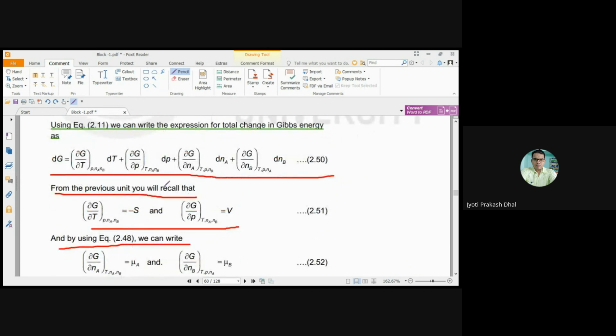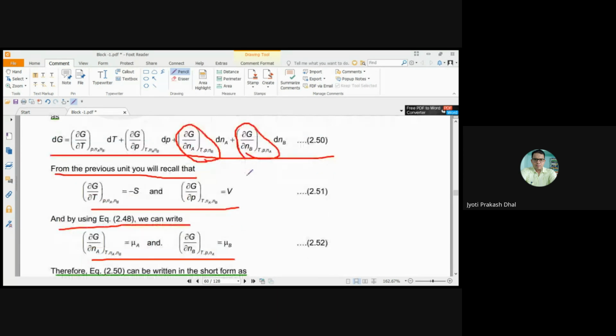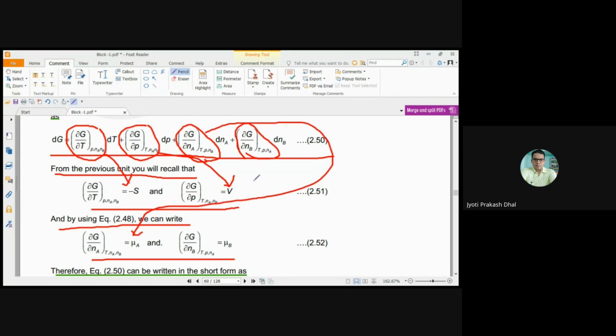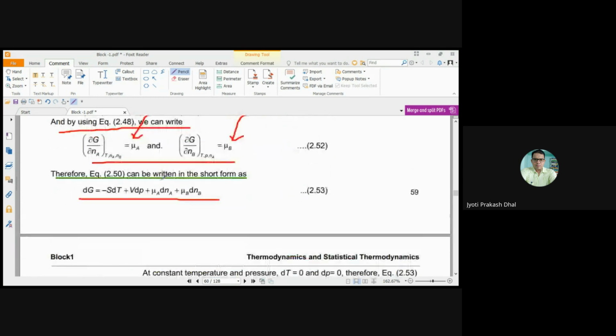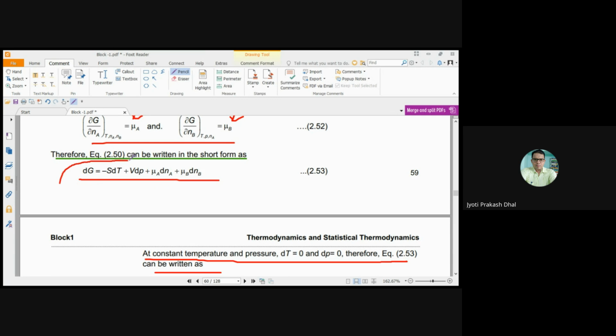Also here this term represents the chemical potential of A, that is mu A, and this represents mu B, the chemical potential of B. Putting all the values, you can write dG equals minus SdT plus VdP plus mu A dNa plus mu B dNb.